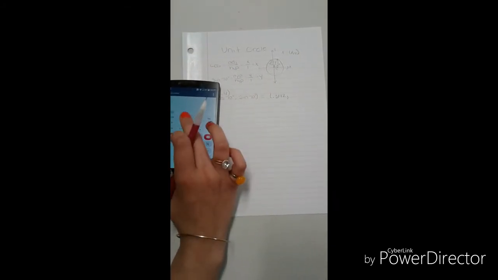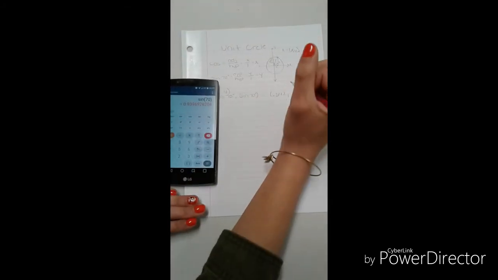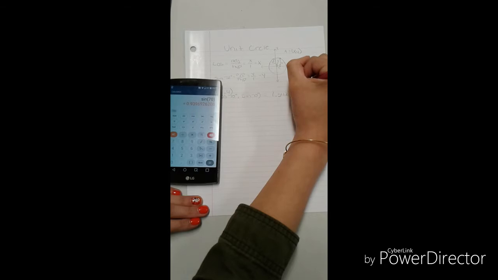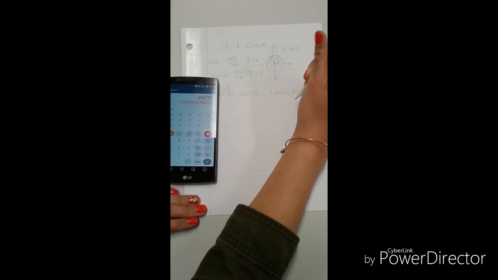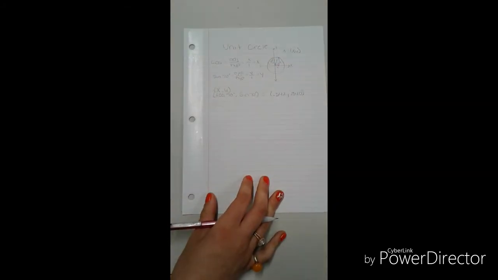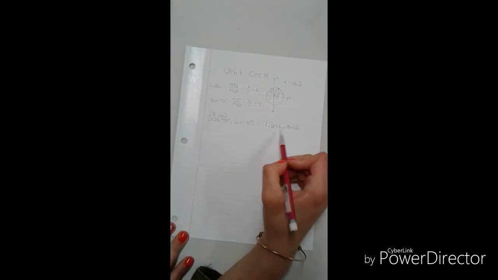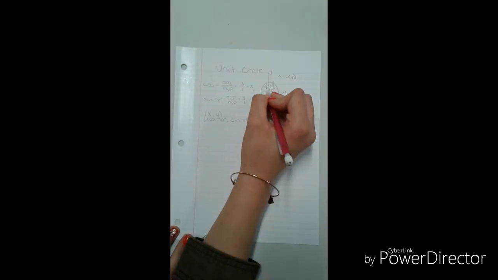For the second one, you hit sine of 70 degrees, and we get approximately 0.940. This point here is our point for 70 degrees, which is right here.